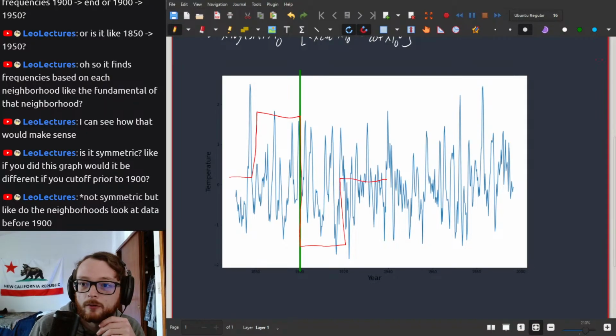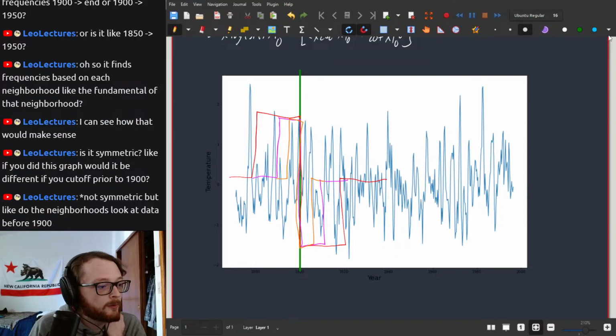And then one that's half the width that gets multiplied by the data like this. And it'll get halved each time. So I guess it's many different neighborhoods that capture different scales of fluctuations.